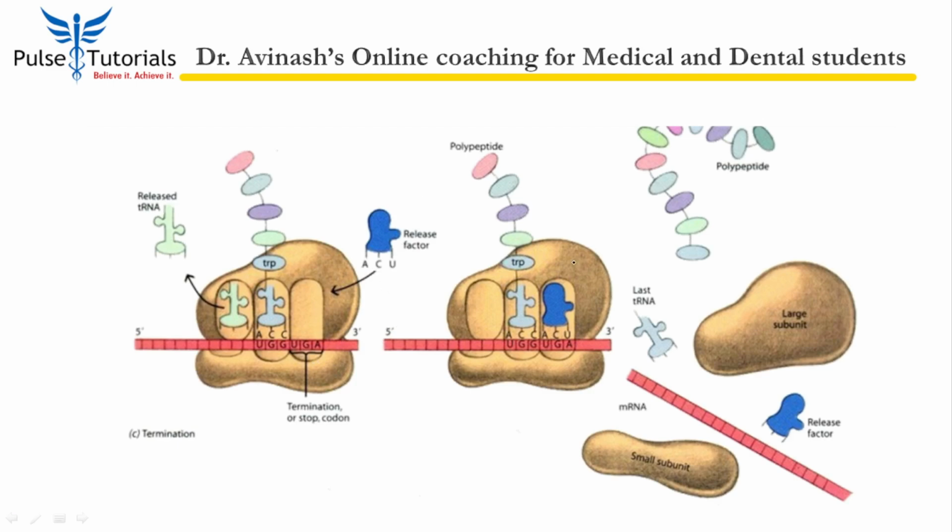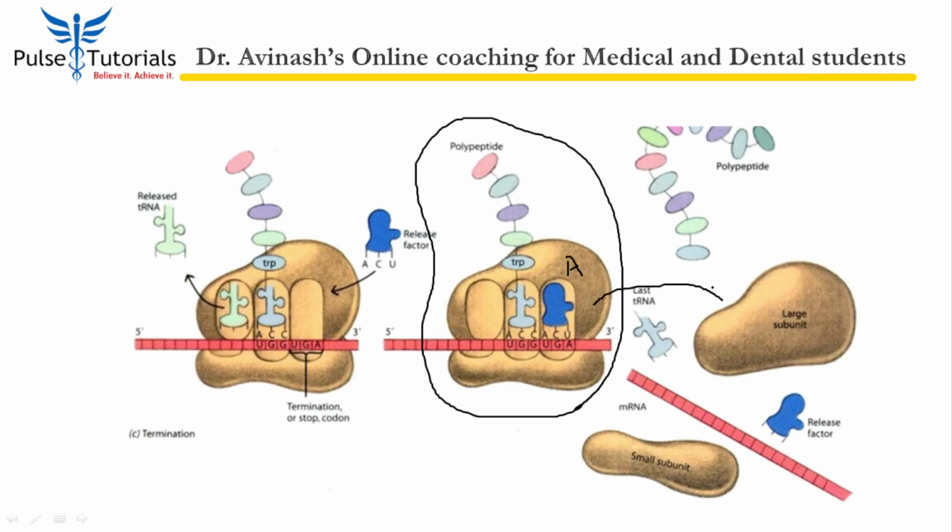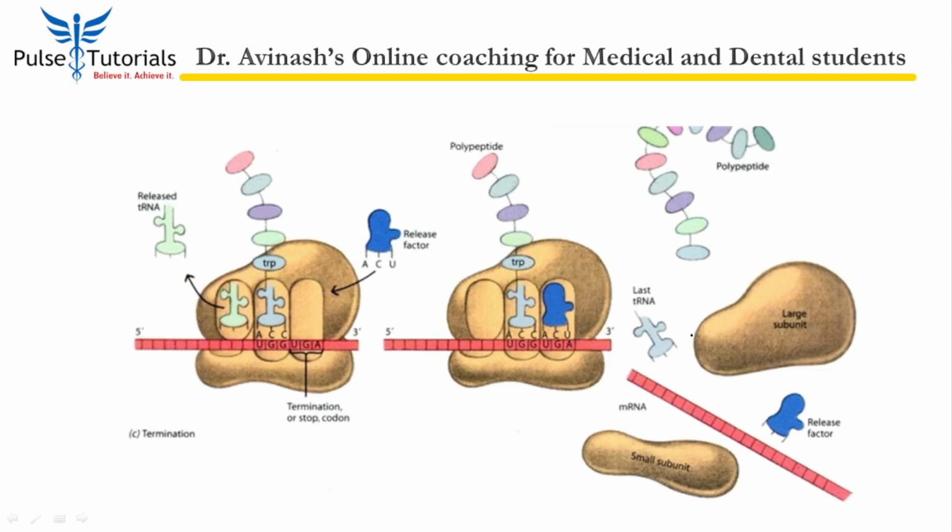This release factor attaches to the A site, and because of the release factor, this entire assembly starts to break apart. So the large subunit goes away, the small subunit goes away, the release factor eventually goes away. The bond between the tRNA and the amino acid chain breaks. So the amino acid chain goes away. That's a polypeptide chain. And the tRNA goes away. And that's how the protein synthesis starts and stops.